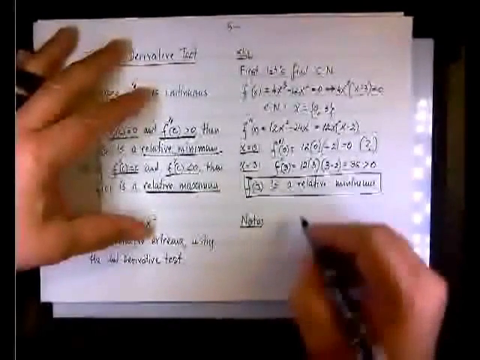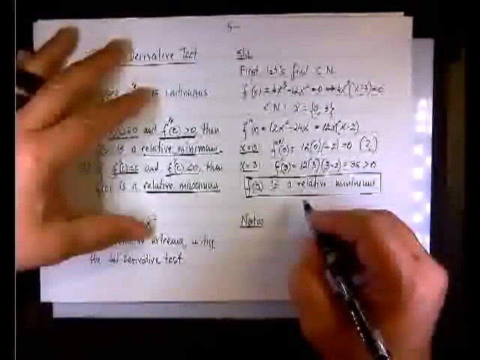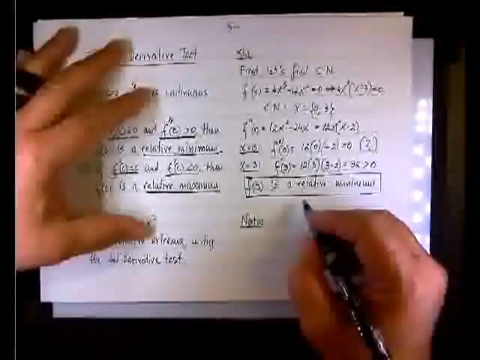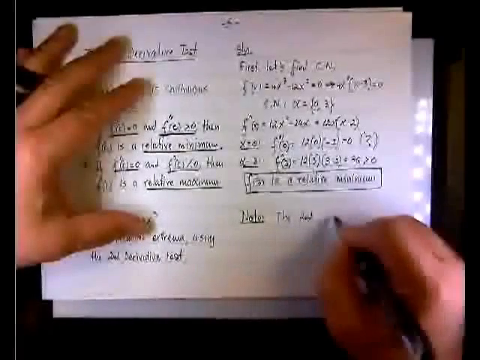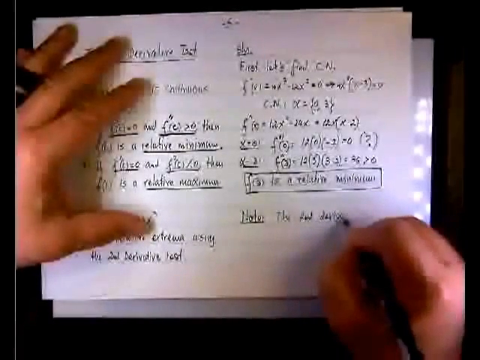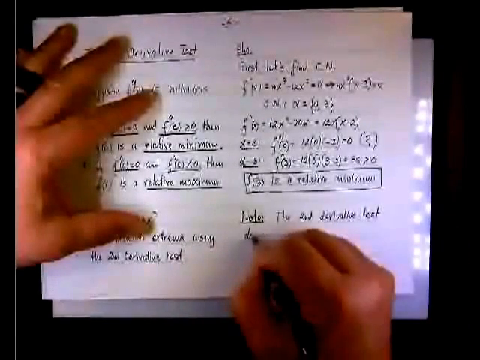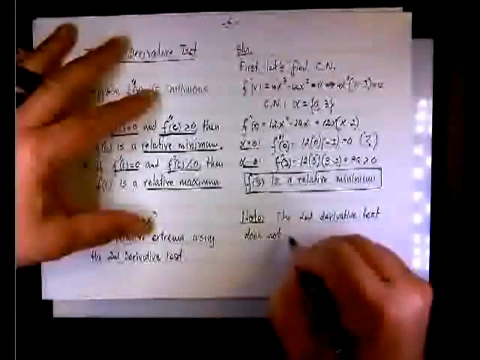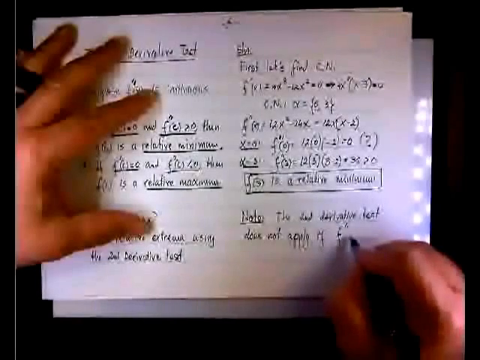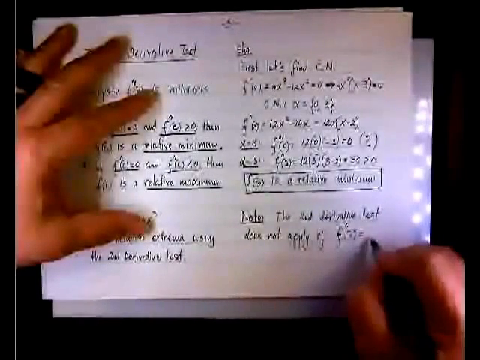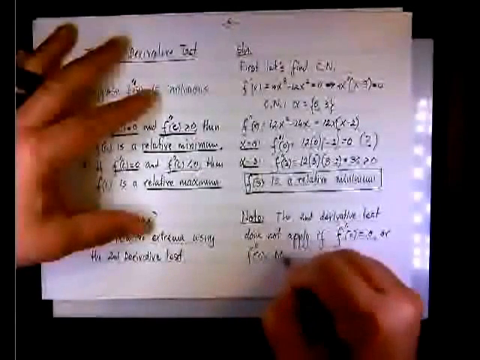And this is what we saw, that the second derivative test does not apply if f double prime of c equals 0, or f double prime of c does not exist or is undefined.